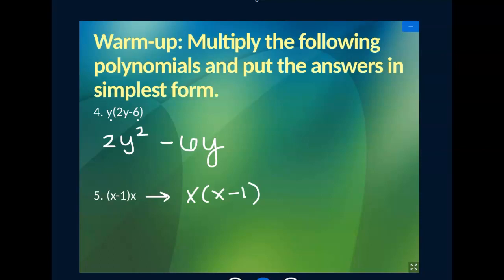The order doesn't matter. So we get x squared minus 1x. We have a tendency to write the highest power first. So again, when you write it from the highest power to the lowest power, anybody know what that's called? You will by the end of this year if you don't know.